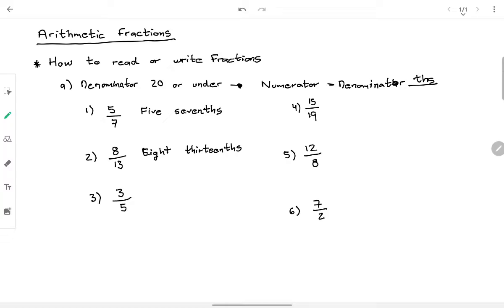Number 3, it's 3 fifths. Number 4 is 15 nineteenths. Number 5, it's 12 eighths.